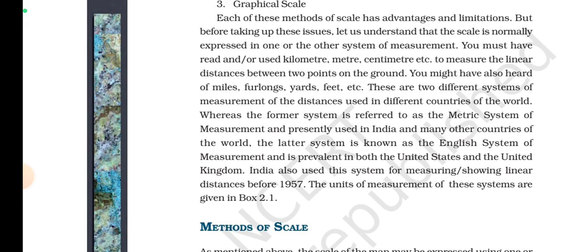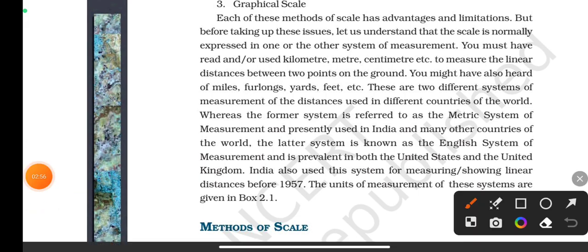So in India we use the metric system, which is like this: kilometer, meter, centimeter. These are part of the metric system. And in many other countries of the world, the latter system, that is furlongs, miles, yards, are used and known as the English system of measurement.